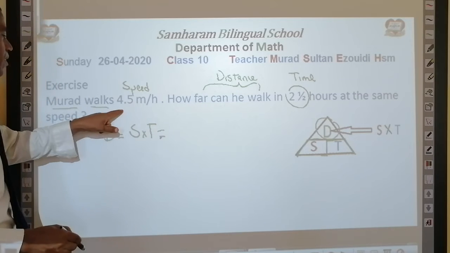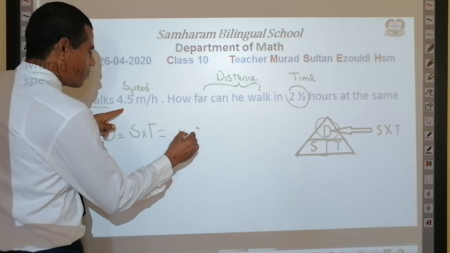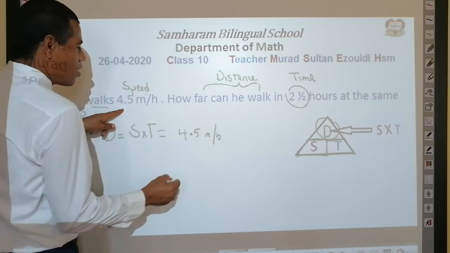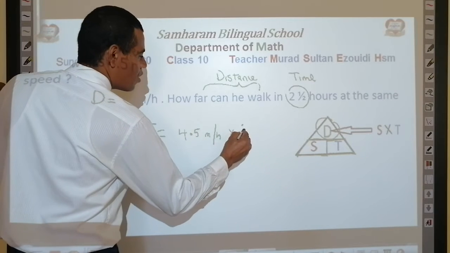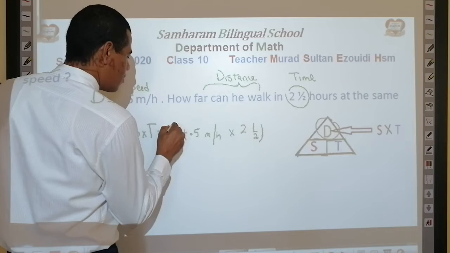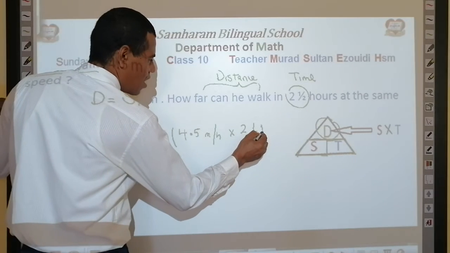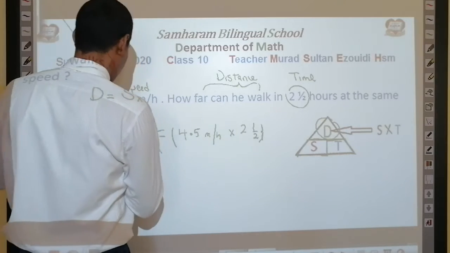The speed of Murad is 4.5 meters per hour, multiplied by the number of hours, which is 2.5. Of course, the unit is hour.